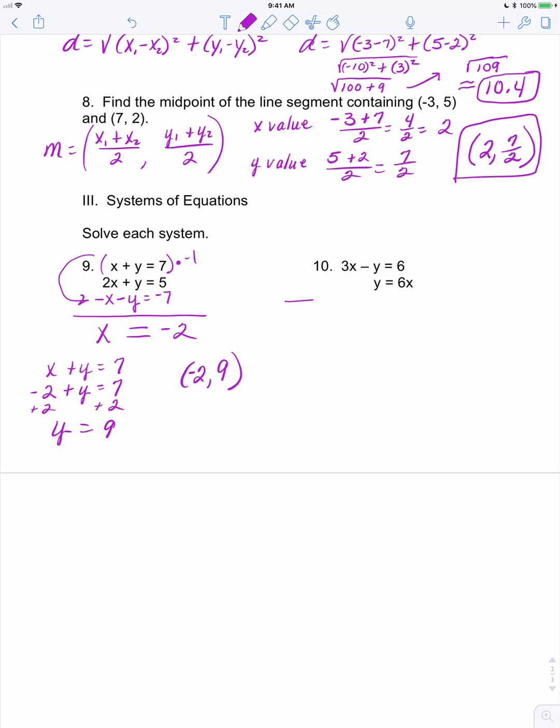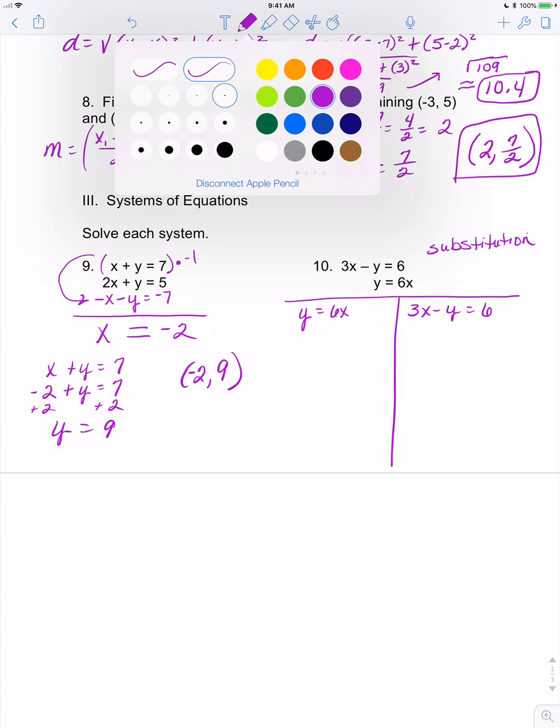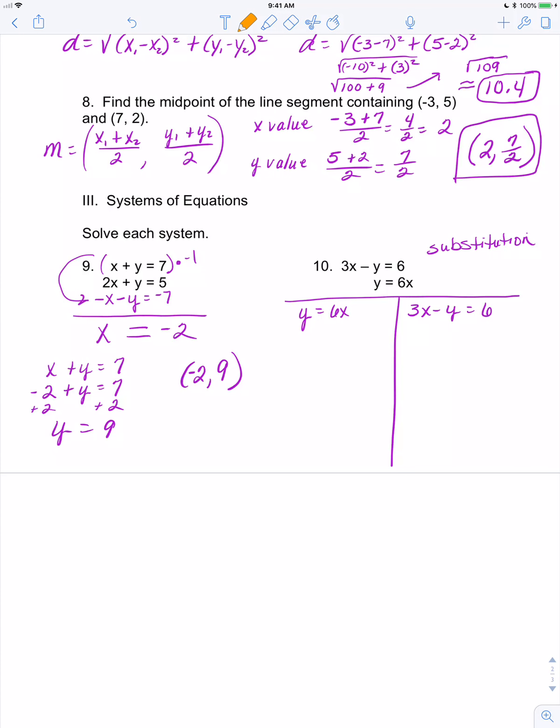Okay, so for this last one here, this is a good one to use the substitution method. And what I usually do is set up a t-chart with both equations on here. And this one is good for substitution because it's already solved for y.